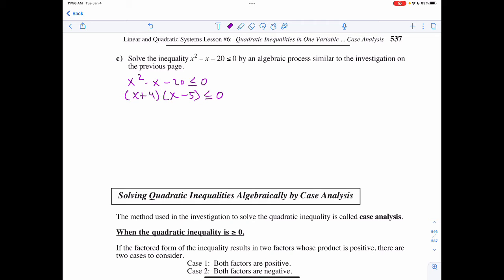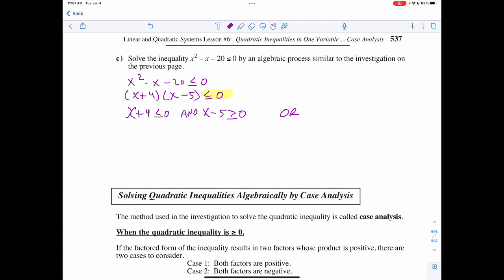How do I get a negative number, or a number that is less than or equal to 0? It's by multiplying a negative and a positive, or a number that's less than 0 times a number that's greater than 0.